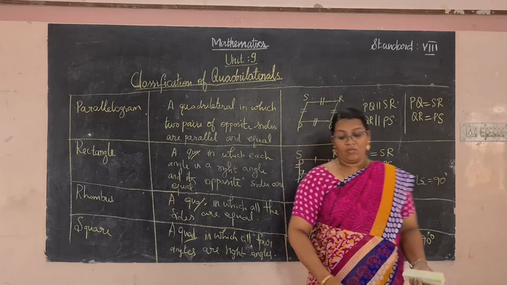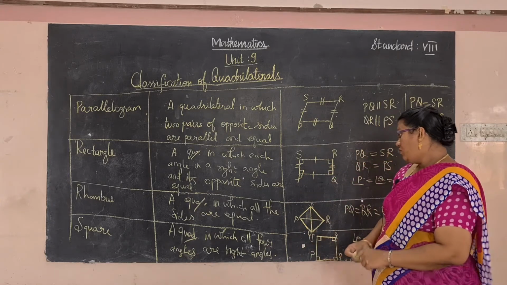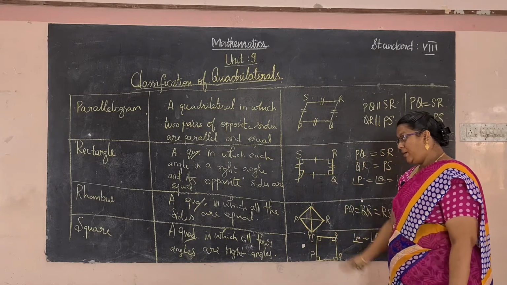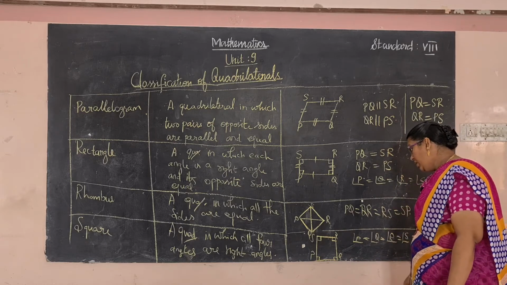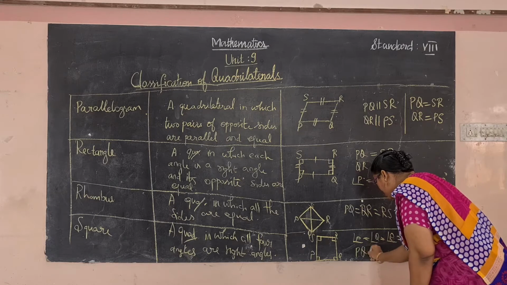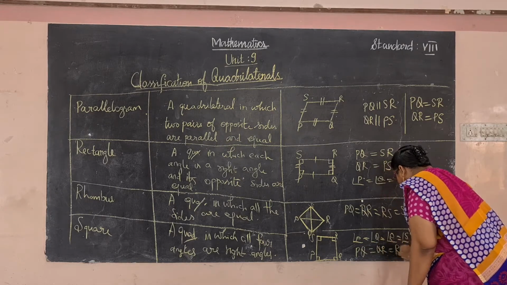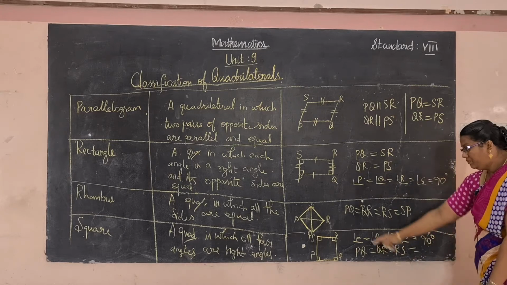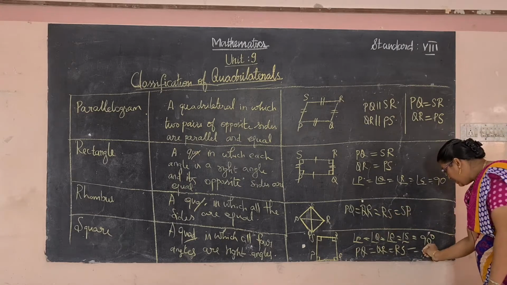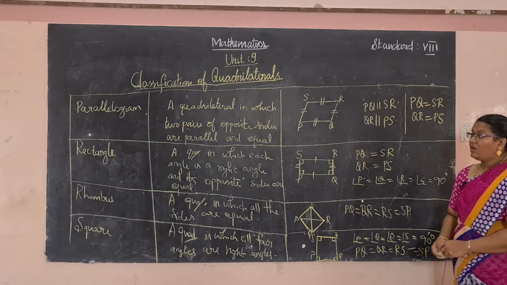At the same time, all the sides are also equal. Four angles are 90 degrees and all the sides are equal. PQ equal to QR equal to RS equal to SP.